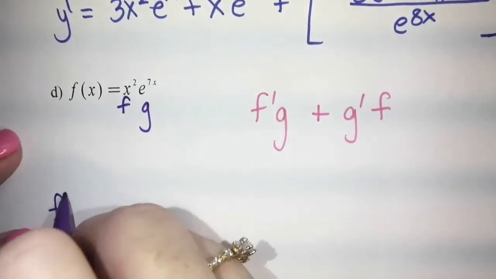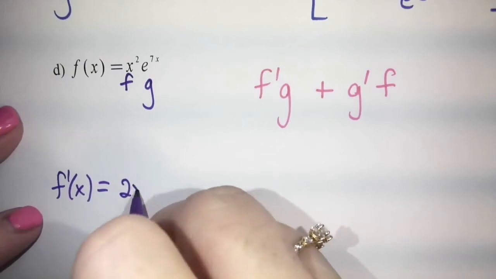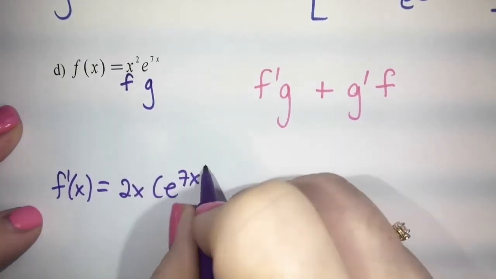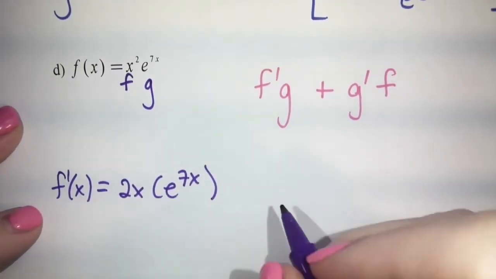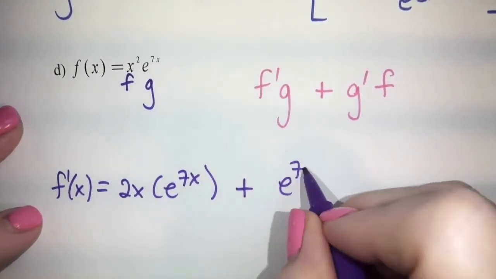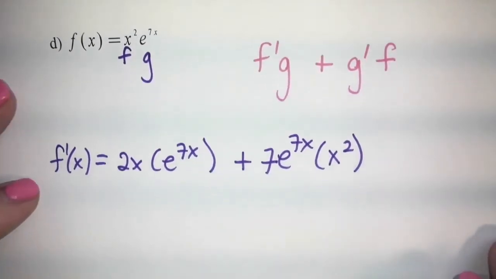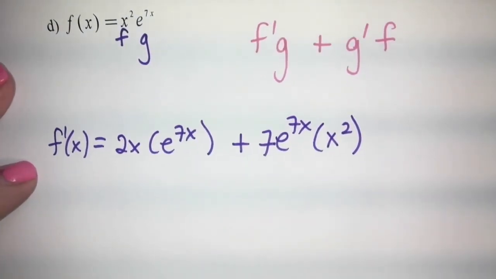So f prime of x equals, derivative of x squared would be 2x times the second left alone, e to the 7x, plus derivative of e to the 7x would be e to the 7x times 7 times the first, which would be x squared. So pause for a minute and see if you can factor this and tell me what your final answer would be here.